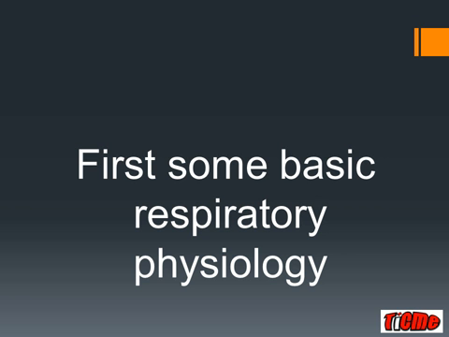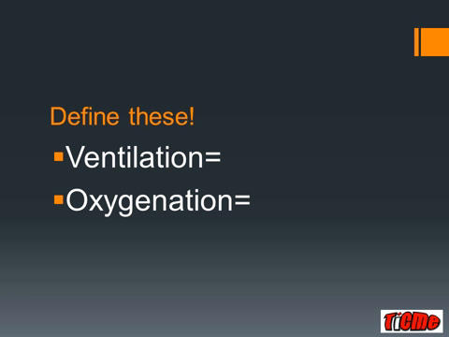First, some very basic respiratory physiology. How about starting off in your minds trying to define ventilation and oxygenation? A lot of people put these together, but in reality they're quite separate concepts.